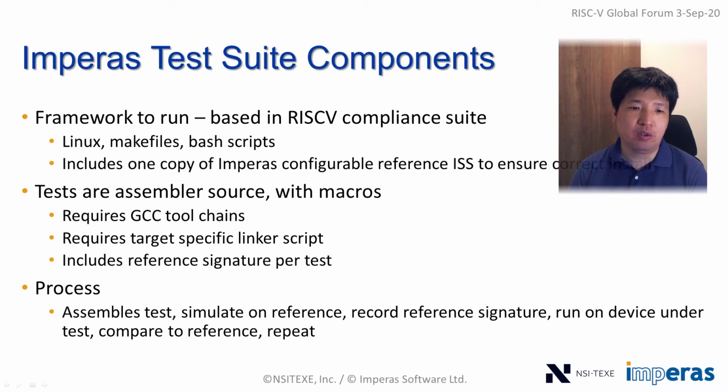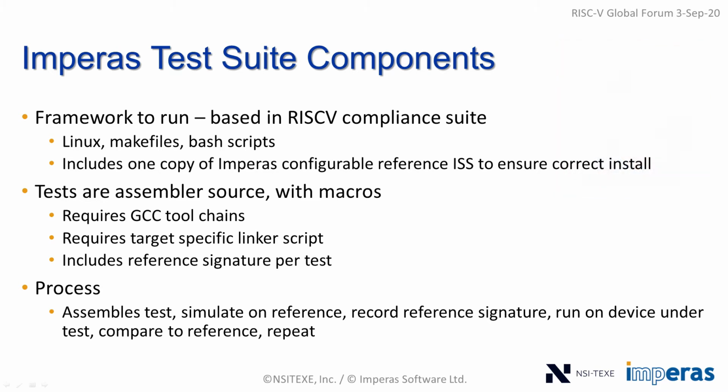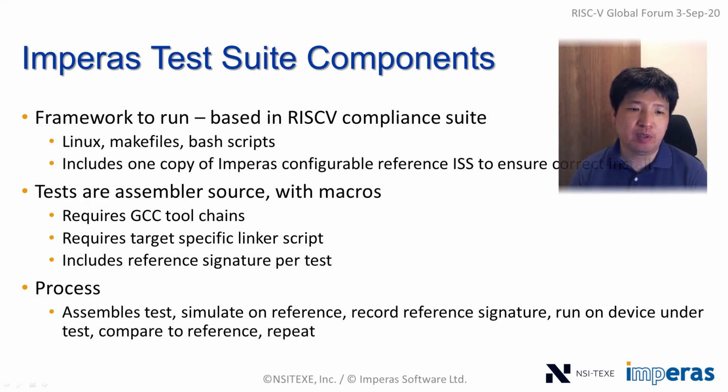This is a standard component of the Imperas test suite. The component includes the Imperas reference simulator in addition to the various files needed to run the RISC-V Compliance Suite. The test is provided as assembler source, and the user requires GCC and a linker script to run in the target environment.